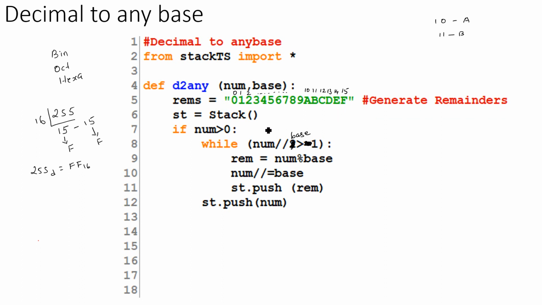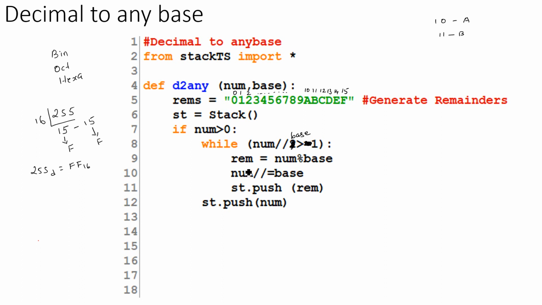And now what do we do? After declaring the rems string, we define a stack for our application. Then we ensure that the number is greater than 0, and we continue the iteration of successive divisions as long as the number divided by base is greater than 1.